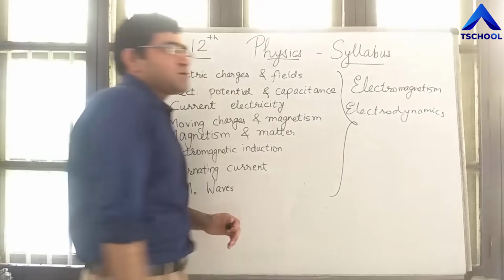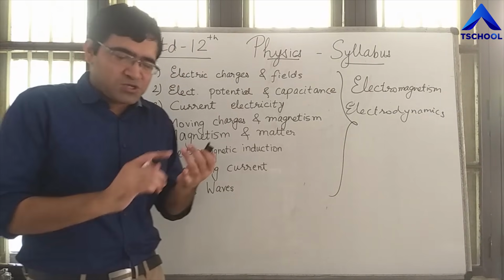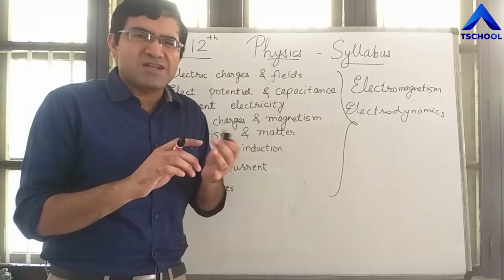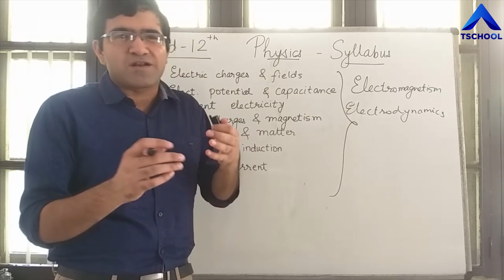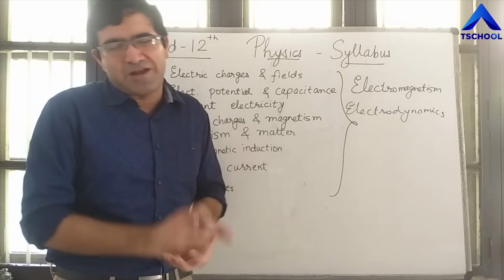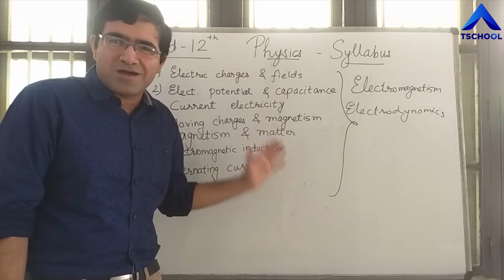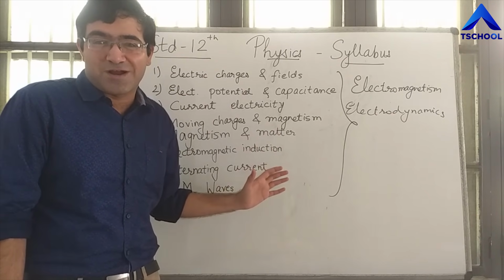This is where we study charges, electric fields, magnets, and their behavior, currents, and how everything is related with each other. This is a huge portion. It's half of your syllabus of 12th standard, right?